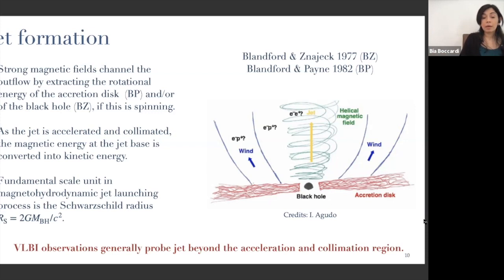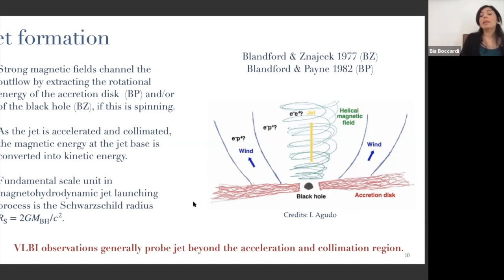So we may have a process in which the accretion disk contributes to the formation of a collimated wind, while the black hole produces a jet which is maybe lighter and faster at the center.